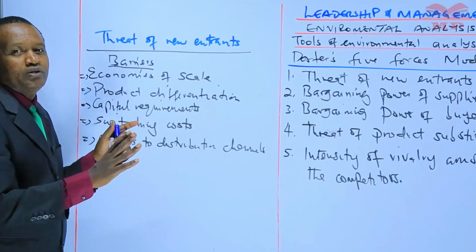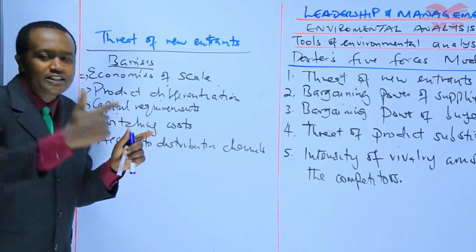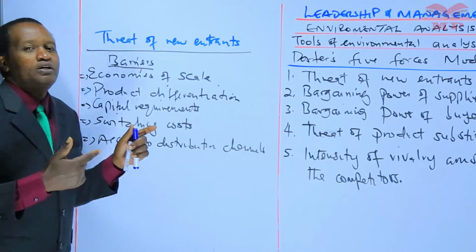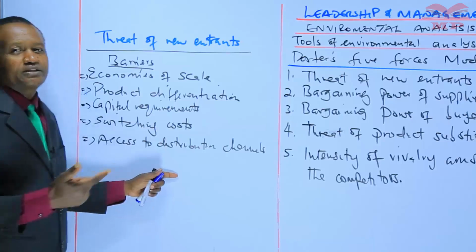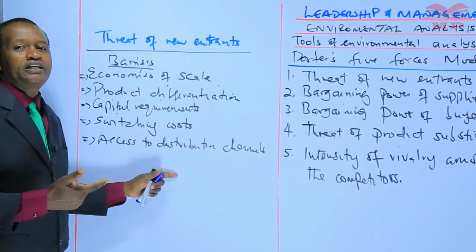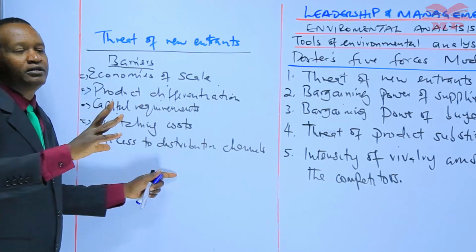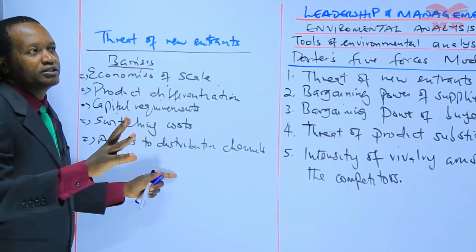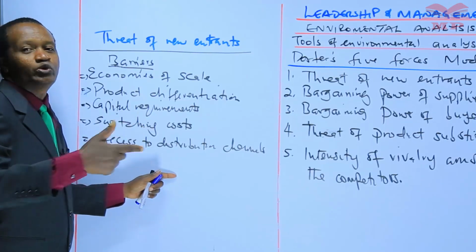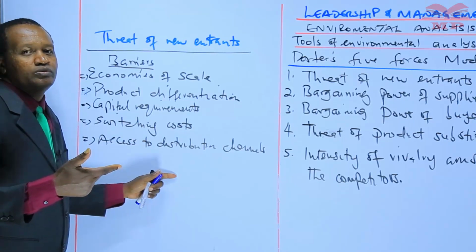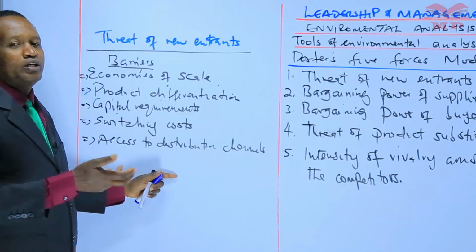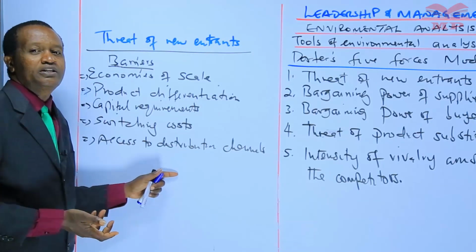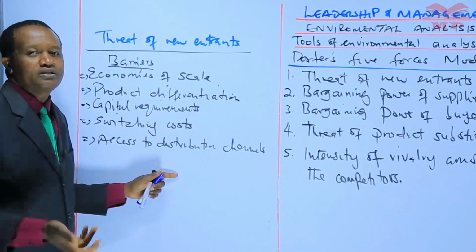So access to distribution channels can be a strong entry barrier for new entrants, particularly when dealing with consumer goods that are non-durable, like grocery stores, where you may find limited shelf space.